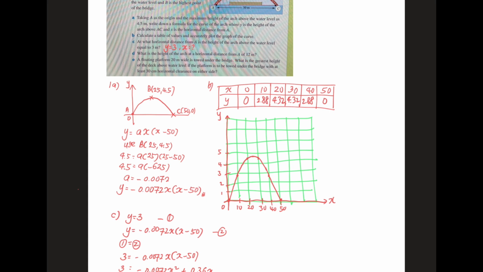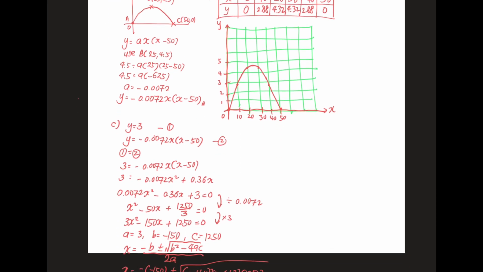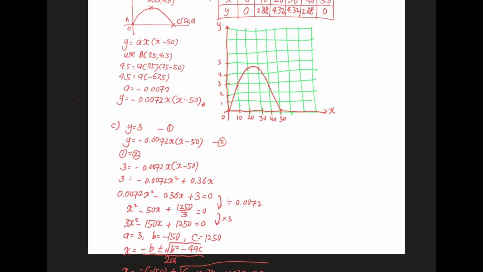Okay, now let's look at the next part. Question D. What is the height of the arc at a horizontal distance from A of 12 meter? That means you have to find x is 12 meter, find y. So I'm going to use the equation here straight away. I substitute 12 here.